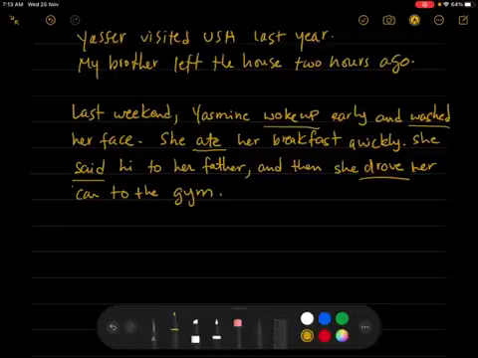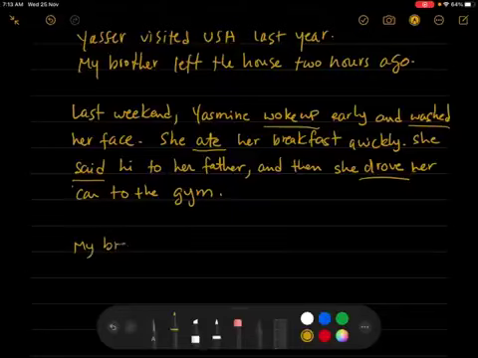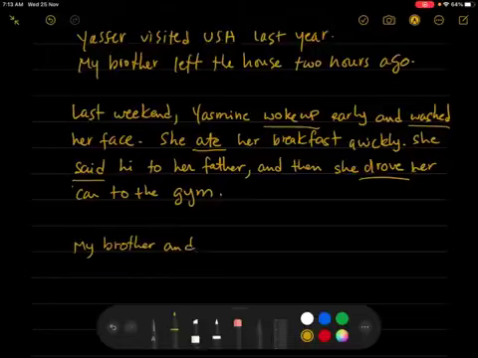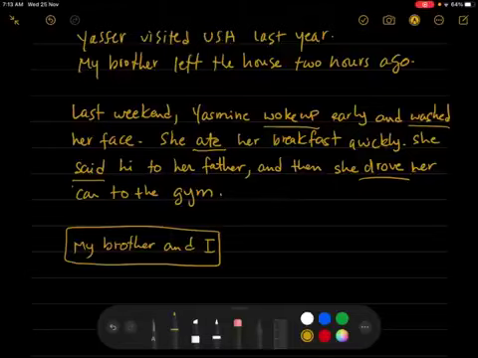Also, we can use the past simple to express a past habit or a past situation. Again, we can use the past simple to express a past habit or a past situation. For example, we can say, my brother and I. That's the subject.